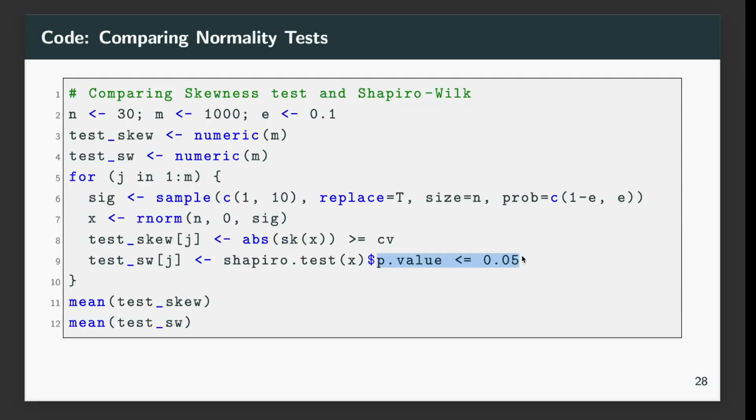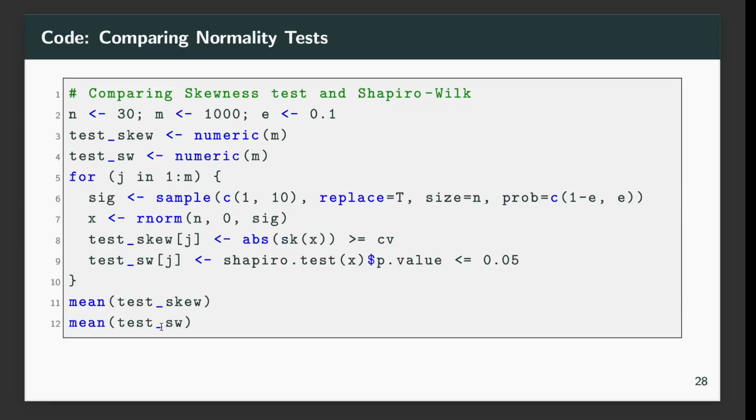So both of these lines give us the power of the skewness test, and the test SW is the power of the Shapiro-Wilk test, both compared at 10% contamination.